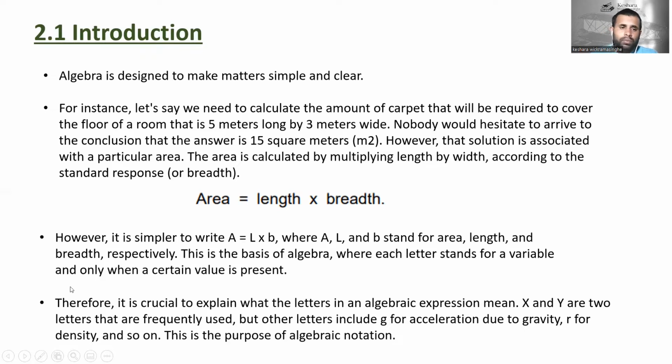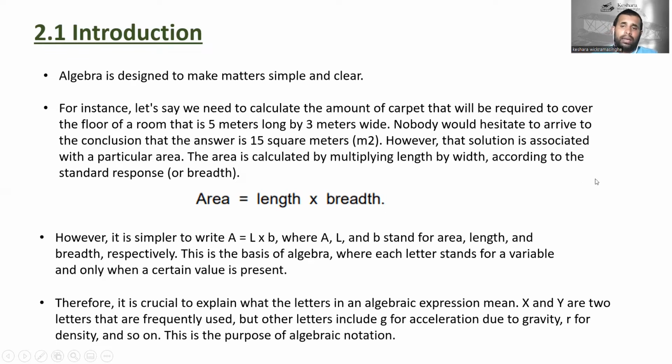Therefore, it is crucial to explain what the letters in an algebraic expression mean. X and Y are two letters that are frequently used, but other letters include g for acceleration due to gravity, rho for density, and so on. This is the purpose of algebraic notation.